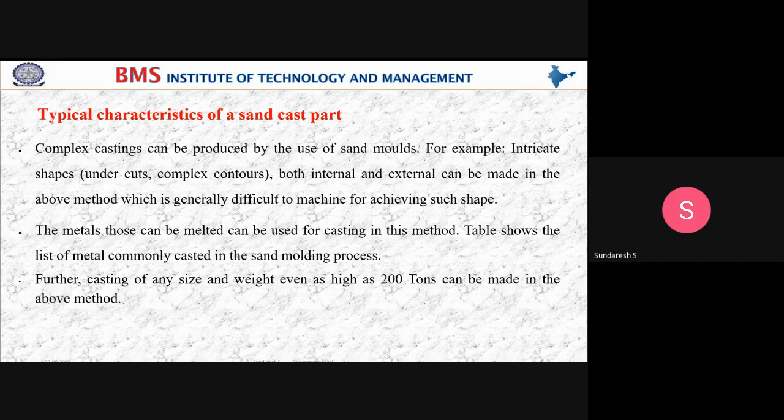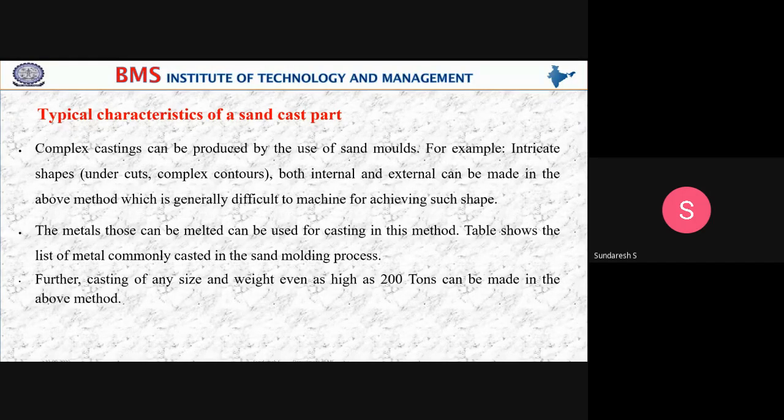In the sense, whenever a component is geometrically complex and it is very difficult to machine a particular feature, we can generally achieve it by the casting method. So where it is very difficult to machine such shapes, we can go with casting, right?